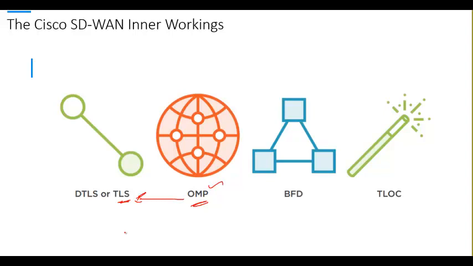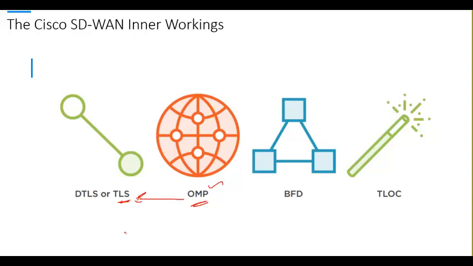When a normal routing protocol advertises, we may see the exit interface, the next hop IP address and some metric along with it. But when OMP advertises route information, you will see routes.